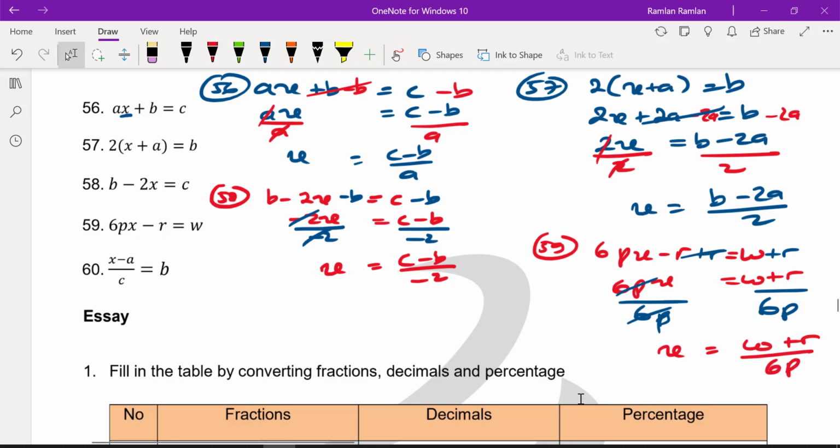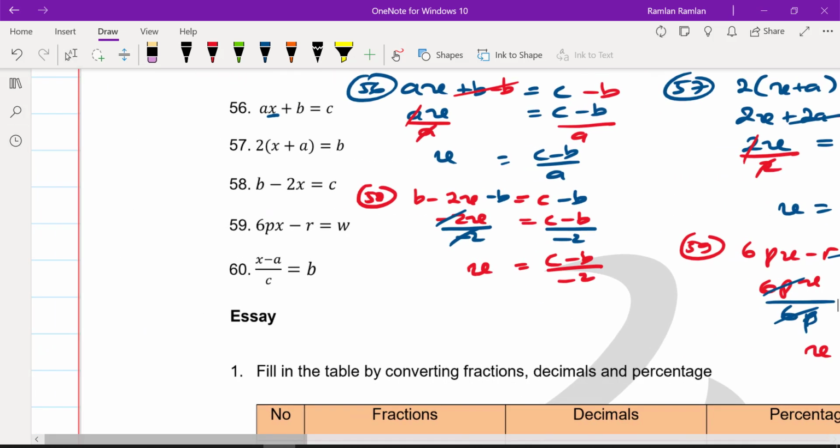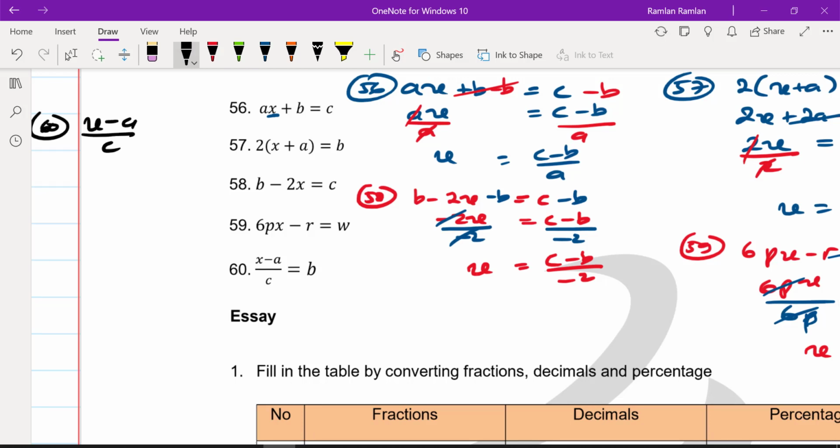The last one, number 60. I'm running out of space, guys. Number 60: x minus a over c equals b.